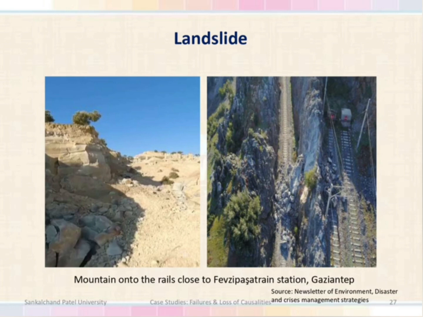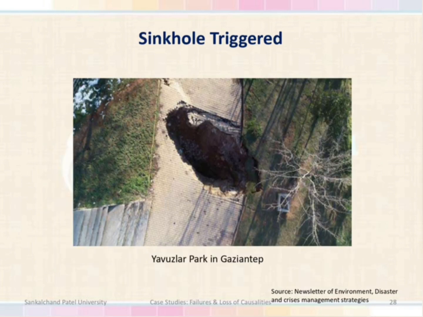You can see the railway closed due to the landslide. Some sinkholes were also triggered in a park called Yavuzlar in Gaziantep. So this is also one of the major damages.